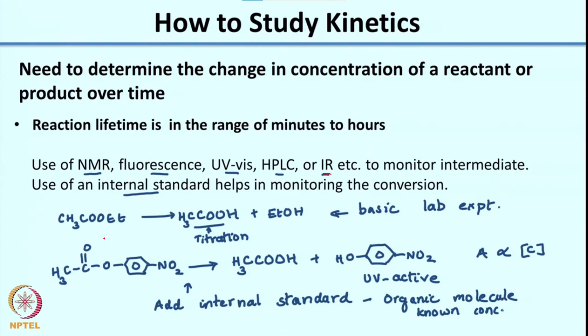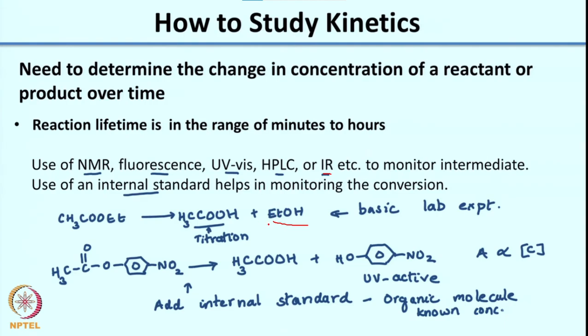So suppose we have a reaction here, COOEt, right? Ethyl acetate. Then it will undergo hydrolysis to give acetic acid, and this acetic acid formation will take place along with the ethanol, right? If we observe the formation of acetic acid and ethanol, we do not observe any UV activity.